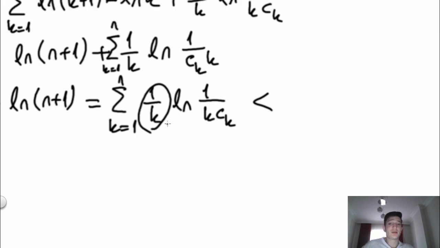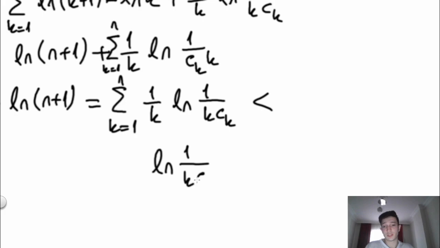Well, I don't have any inequality for 1/k, but for ln, like I said before, we have that ln x is less than or equal to x minus 1. So ln of 1/(k c_k) is just going to be less than or equal to 1/(k c_k) minus 1, right?